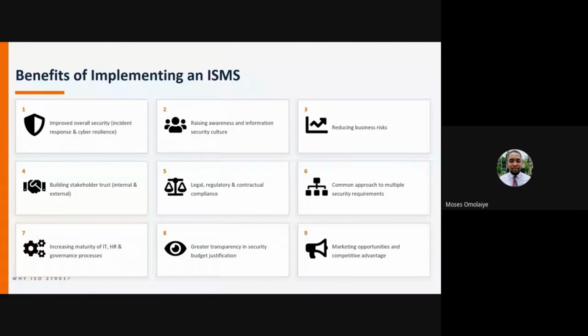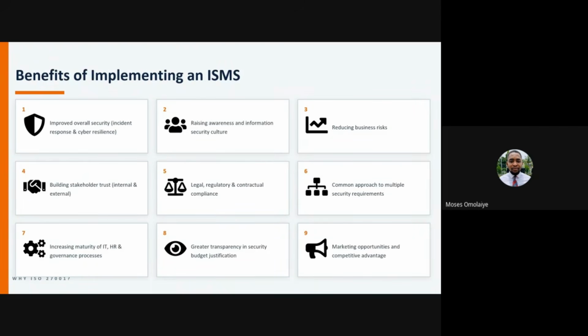We have implemented, in less than 2 years, over 15 of these implementations. And that's to tell you the viability of the information security management systems, or management systems in general, because it's becoming a need every single day.